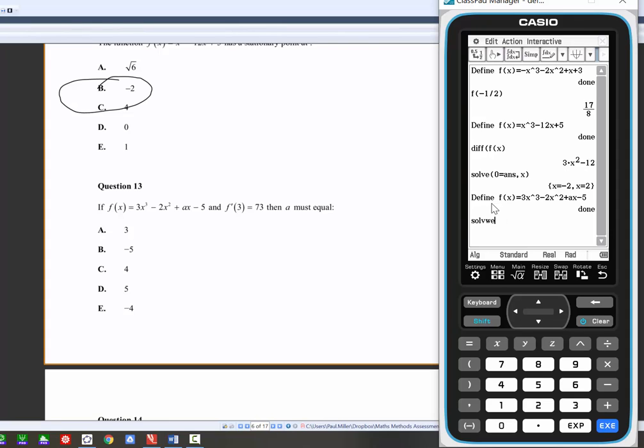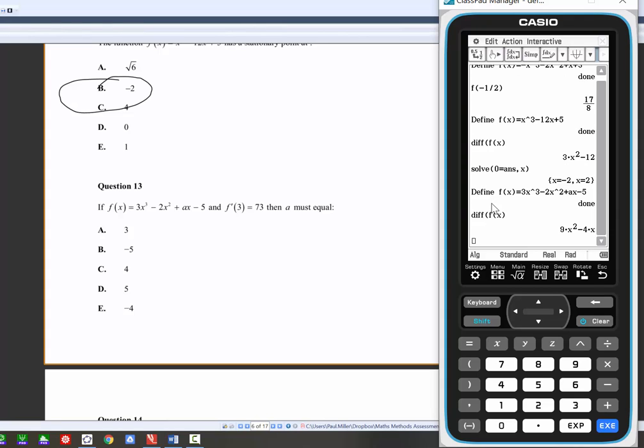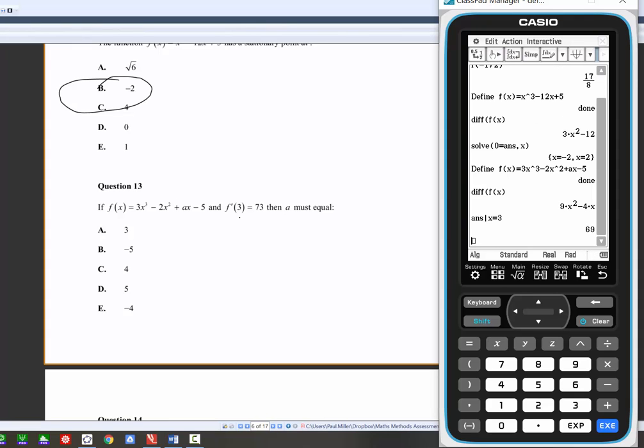Here's what I'm going to do, solve. No, I'm not. I'm going to diff it. Okay, now I've got my derivative function. Now what I'm going to do is the derivative with x equals 3. So I'm doing f dash 3 is 69.